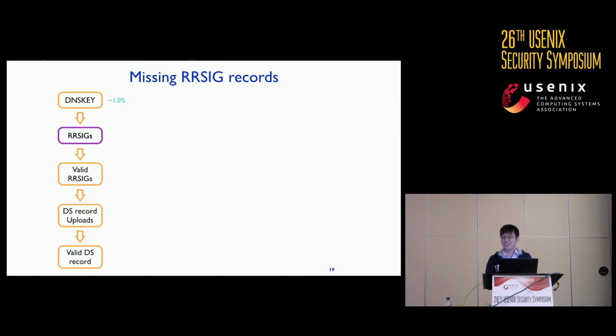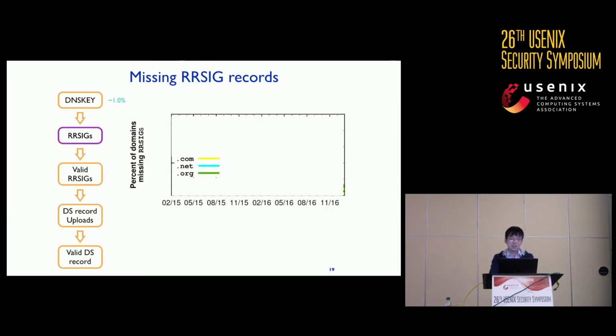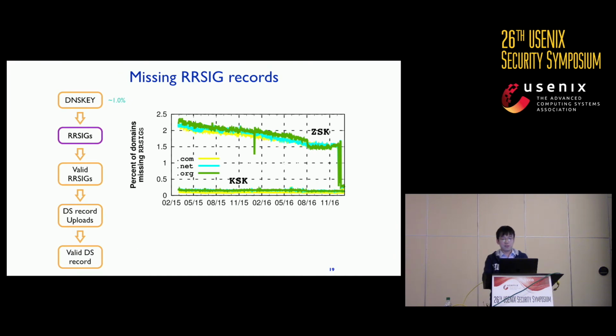Now we first see whether domains with a DNSKEY provide signatures. The y-axis now shows the percentage of domains missing signatures. In our latest snapshot, signatures are rarely missing, with only 0.3% missing. But up until recently, in November 2016, up to 2% of signatures were missing.